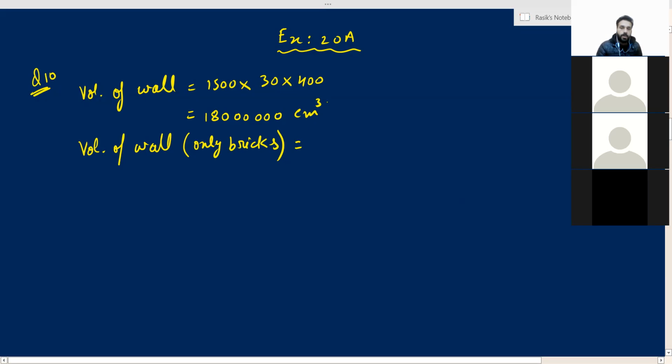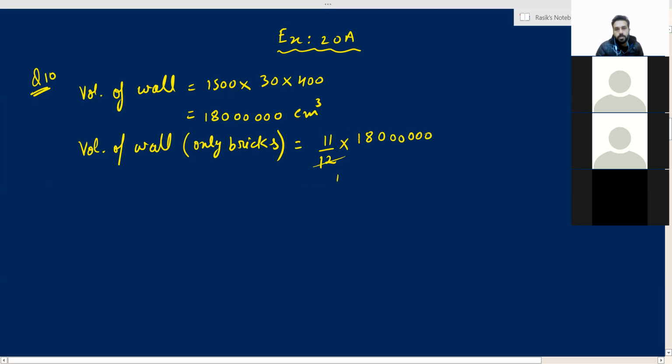So what will be the volume of only the bricks used in the wall? It will be 11 upon 12 times. Why 11 upon 12 times? Because 1 by 12 times the volume of the wall is mortar, so the remaining 11 upon 12 is the volume of bricks used in the wall. So 11 upon 12 times 18000, how many zeros? 6 zeros.